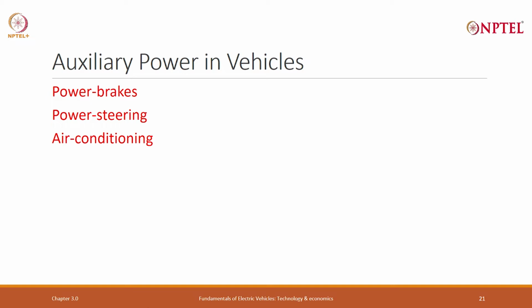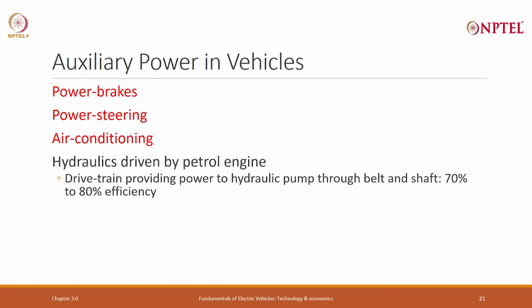Now, the reason I am mentioning all these three things is that they require power. Where does that power come from? In a petrol engine, as I pointed out earlier, the petrol will drive the engine, which will then drive the hydraulics, compressed air, and that hydraulic will then drive, through hydraulic pump, belt and shaft, power brakes, power steering and air conditioning.